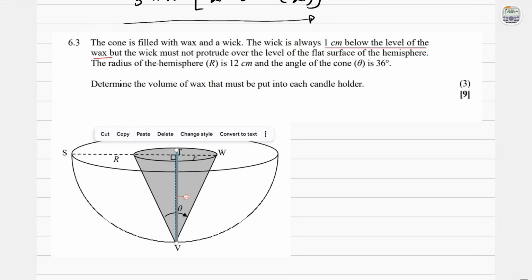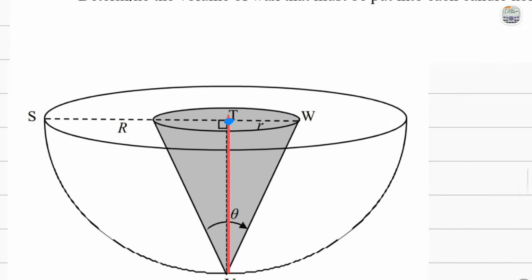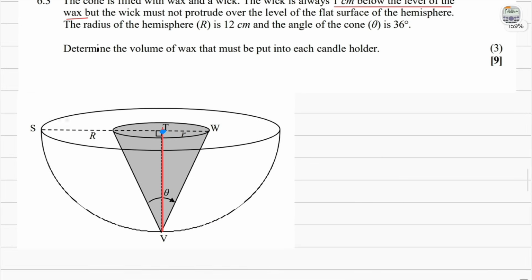But then they say, but the wick must not protrude over the level of the flat surface of the hemisphere. So that wick, it shouldn't go over this flat surface. So look at what we can do with this. You see at T, that is the top part of this shape, that outer part of the surface. So this is below it, and then this is the actual limit.